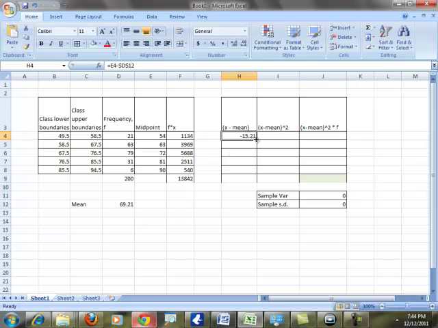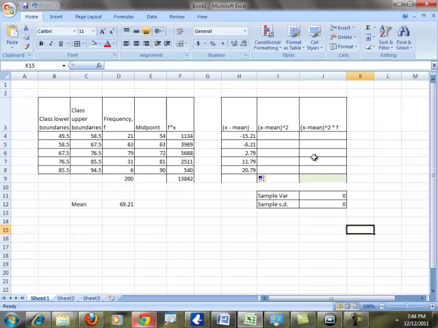So let's drag this down, and because we used a reference cell, it's going to subtract, in this case, E5, this midpoint 63 minus the 69.21. Notice that it's still D12 here, and then it'll be D6 if we go to the cell below it, but it's still D12 there. Right, I'm talking about D12 here.